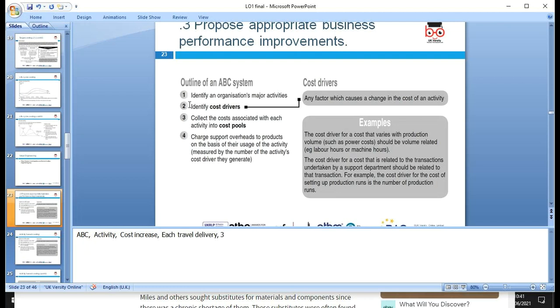If a delivery costs you 30 pounds each time, and we do proper route planning, we can reduce this cost. If we reduce the deliveries, for example every day from Leeds to Birmingham, we could deliver once a week.